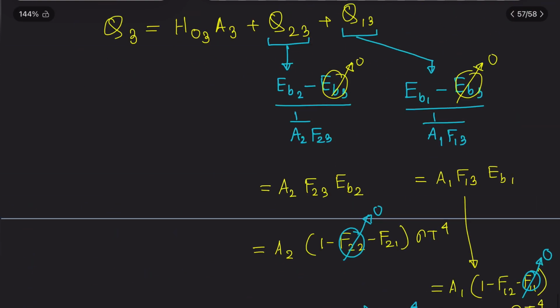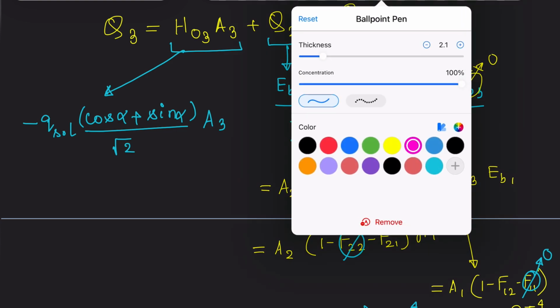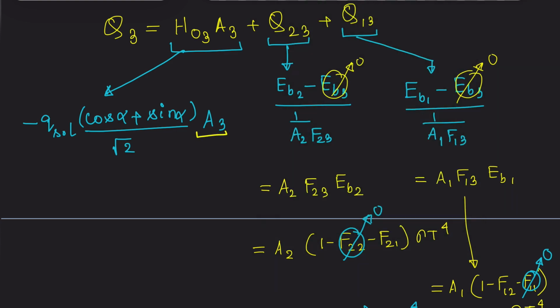Fine. So that means this term will be minus q sol, cos alpha plus sin alpha by root 2 into A3. And we know that this A3 is further equal to root 2 into A. I have shown it earlier.